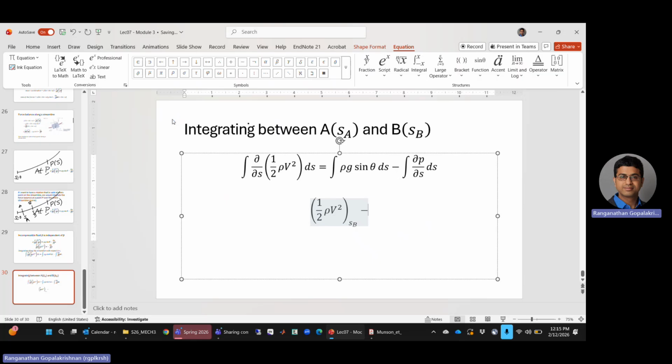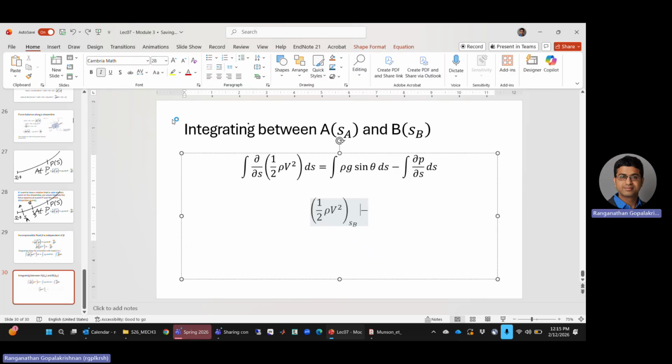I am integrating it between SB and SA, 2 distances. The quantity half rho v squared evaluated at SB minus, I know you know it, evaluated at SA. Okay, this symbol means evaluated at SB and evaluated at SA.